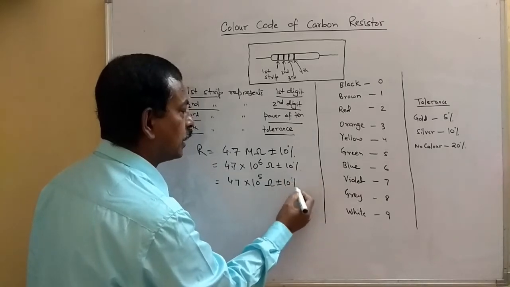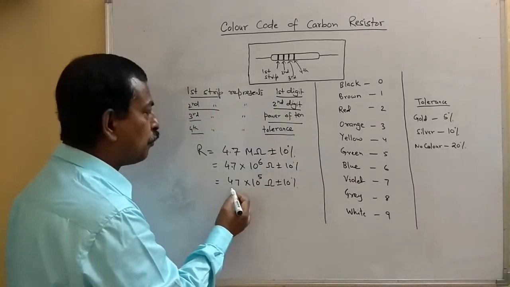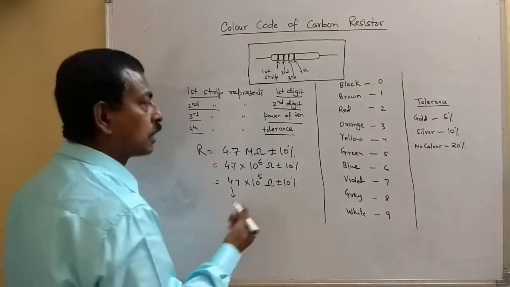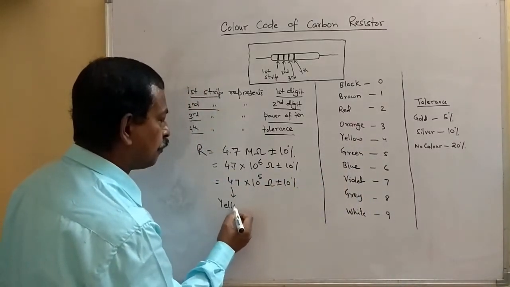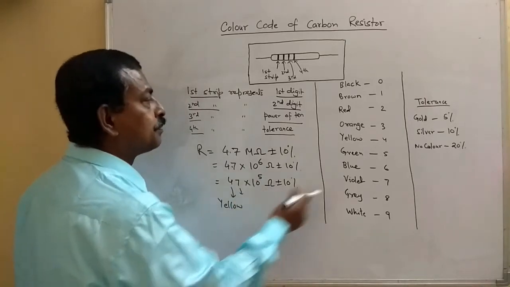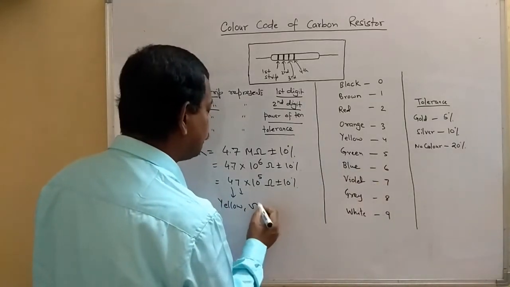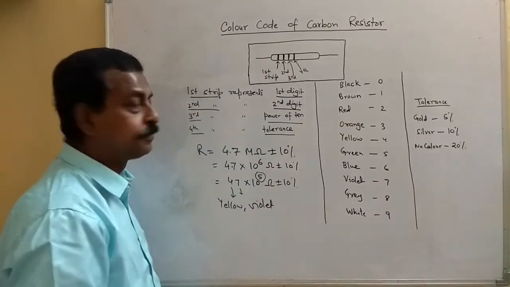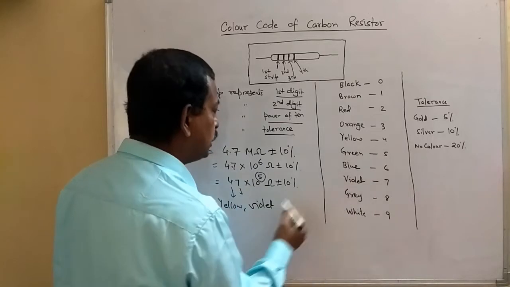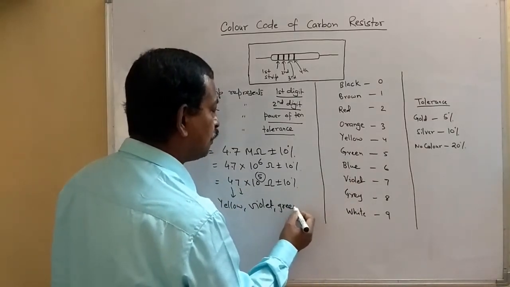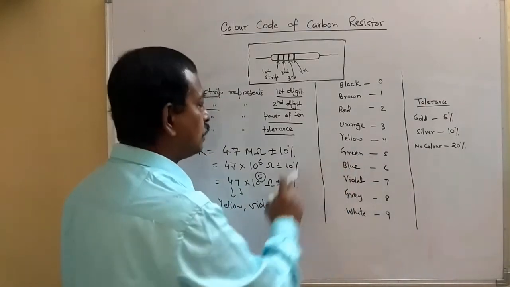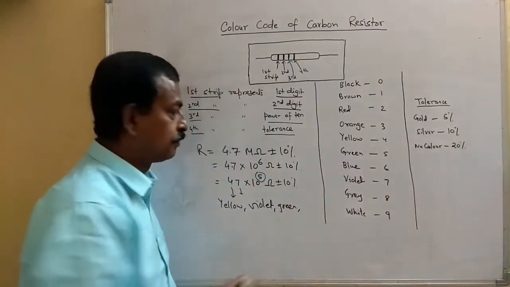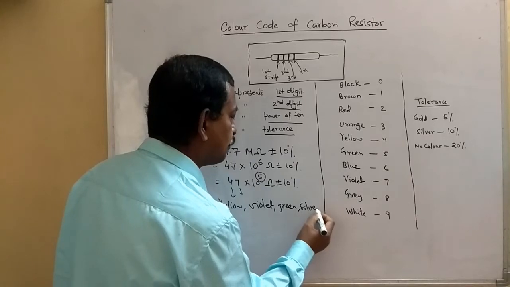plus minus 10%. Now for 4, the color is yellow. For 7, it is violet. And now the power of 10 is 5. For 5, it is green. And tolerance is 10%, which means it is silver.